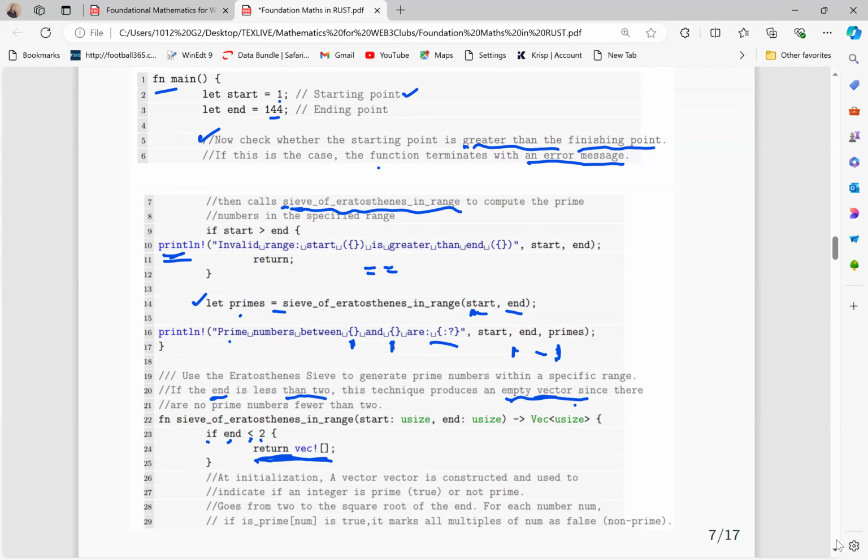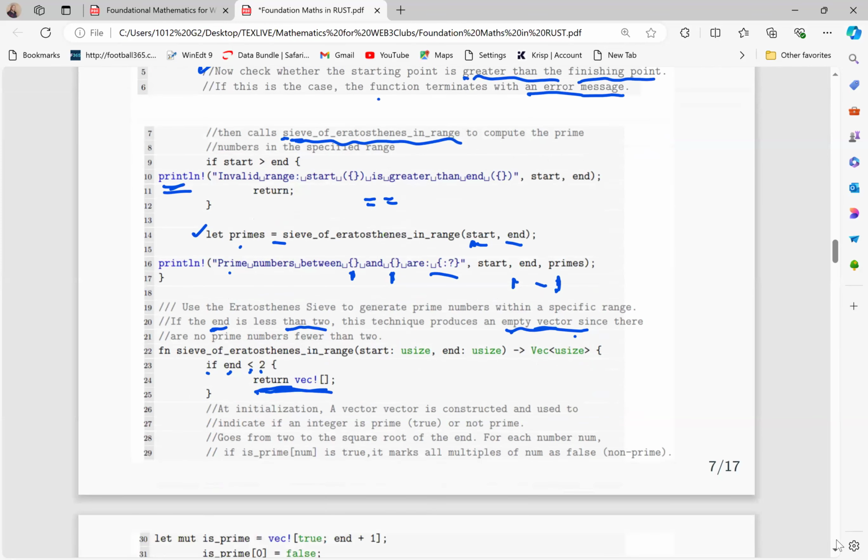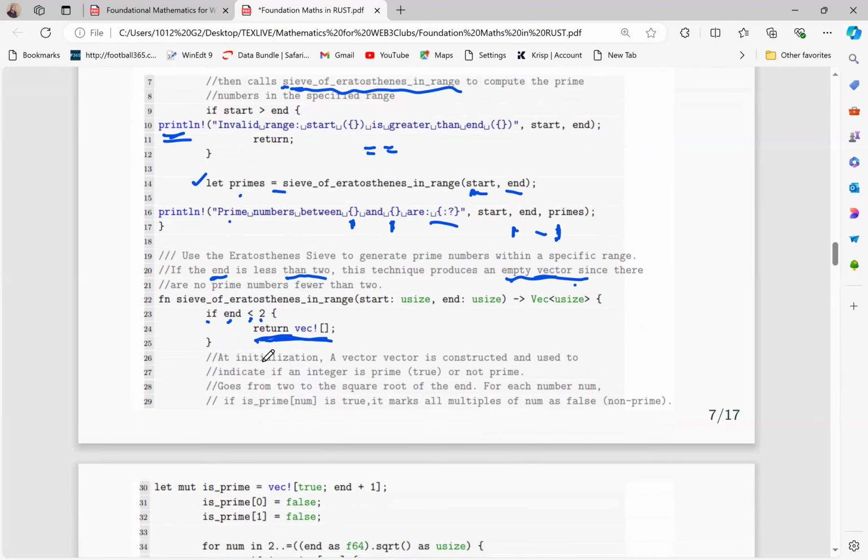Now, at the initialization, it constructs a vector, and this vector is supposed to indicate if an integer is prime. If an integer is prime, it marks it with a true.